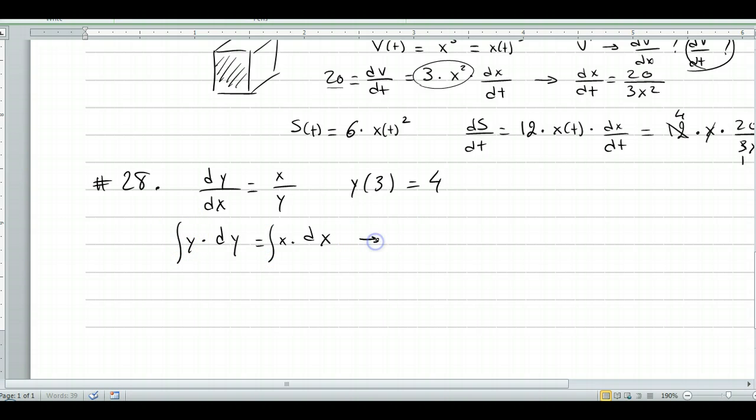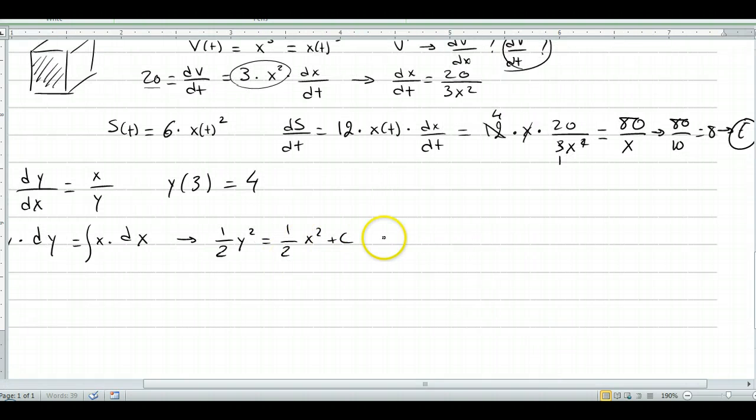So we have 1/2 of y squared equals 1/2 of x squared plus c. Then we multiply everything by 2. So you get y squared equals x squared plus 2c, but 2c, same deal, it's just c right there. And so we have y squared minus x squared equals c.